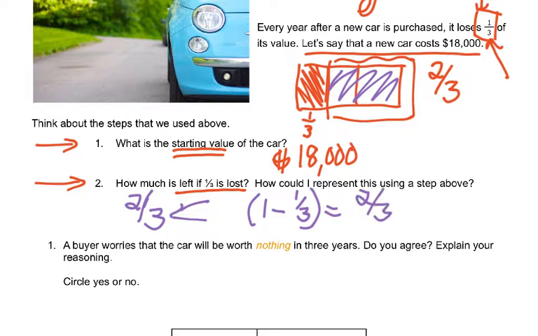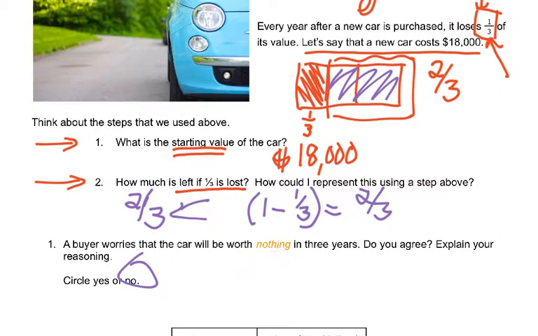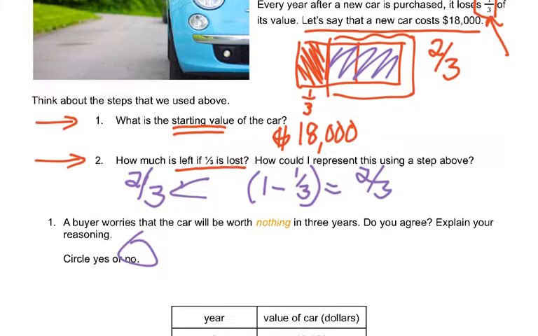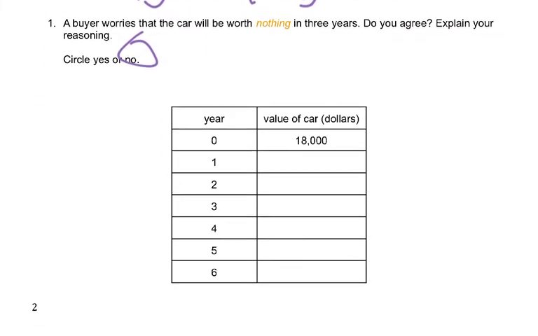All right. So we talked about in class, if a buyer worries that his car will be worth nothing, a lot of you said, no, I don't agree with that. Because it just doesn't make sense, right? And you are absolutely correct. All right, but now let's fill in a table proving that it makes sense.